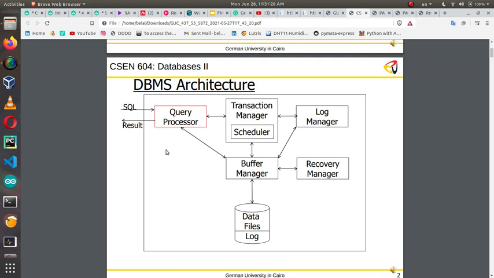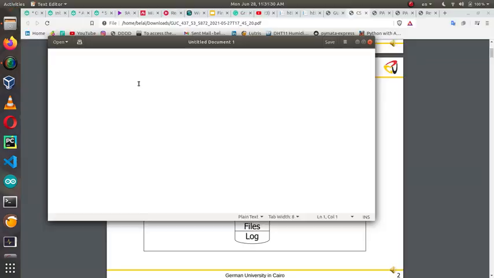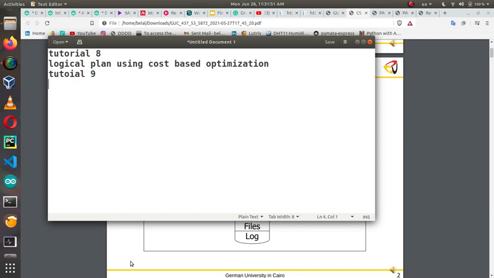In tutorial 8 we learned how to compute the best logical plan using cost-based optimization, and in tutorial 9 we learned about the physical plan, focusing on the join operation.